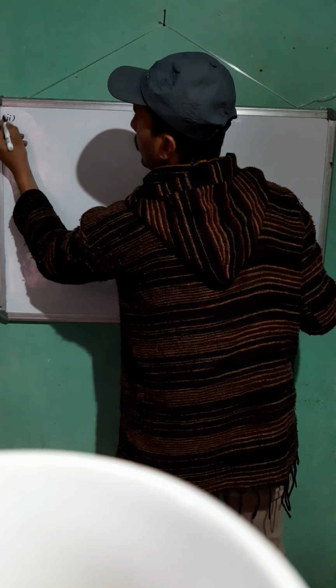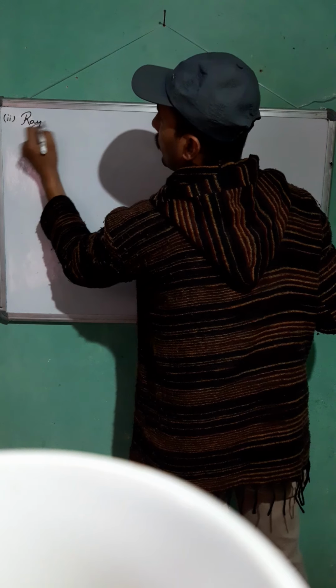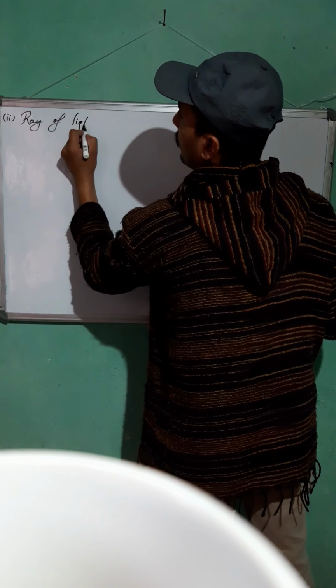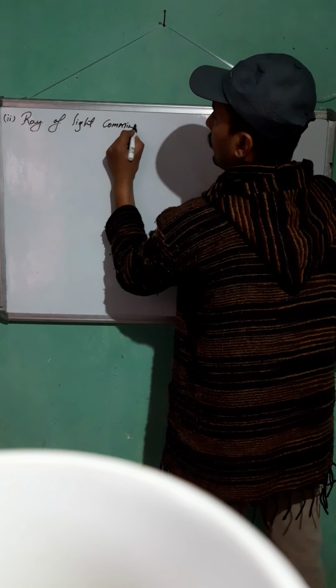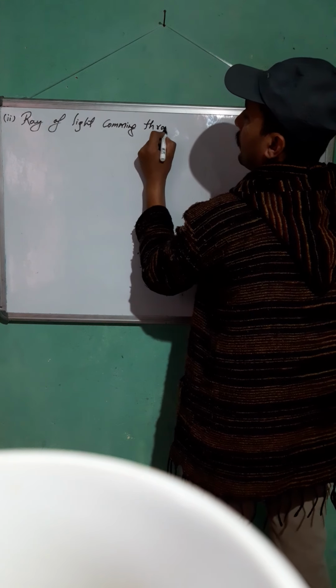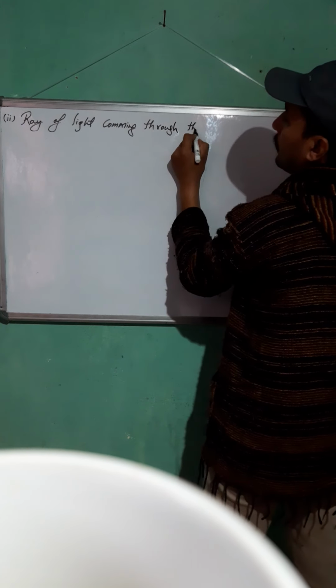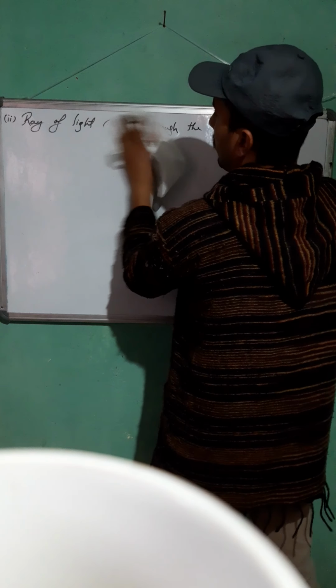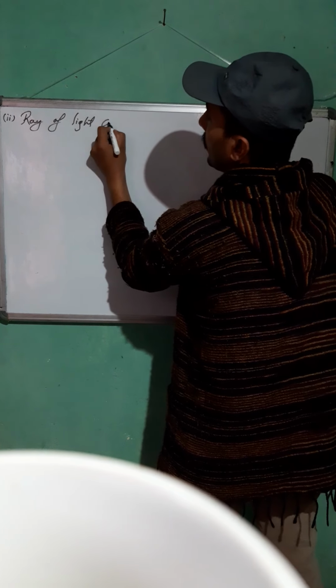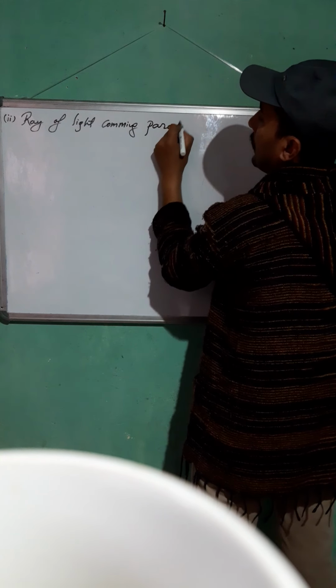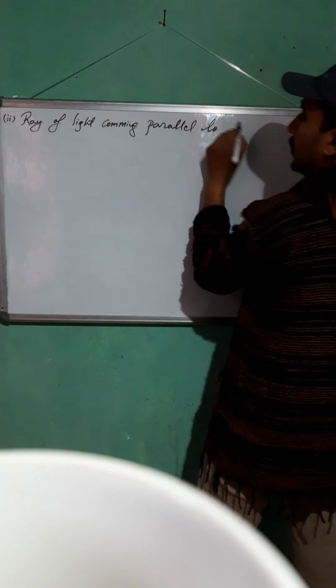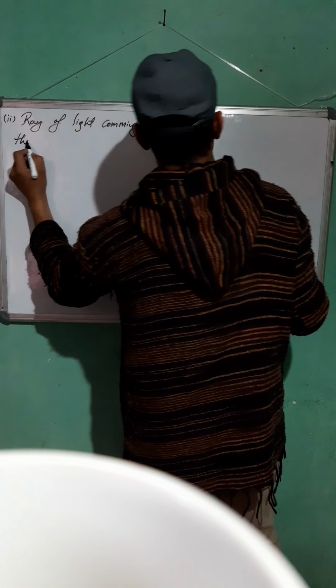Number 2: a ray of light coming parallel to the principal axis.